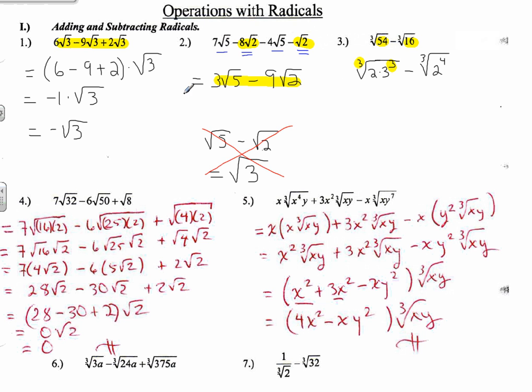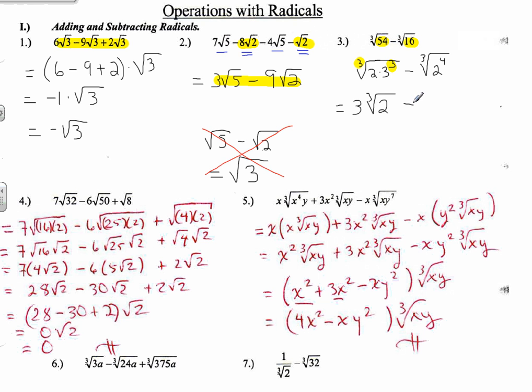So what I do, I take the index, divide it into the exponent, goes in one time. So that brings out one factor of 3. The exponent of the 2 is a 1, and that's less than the index. So the 2 stays underneath the radical.